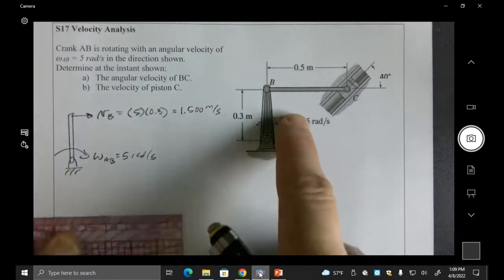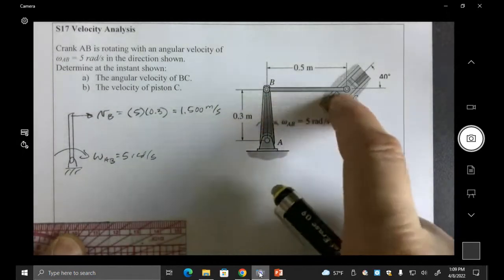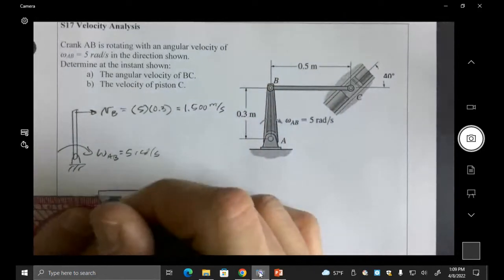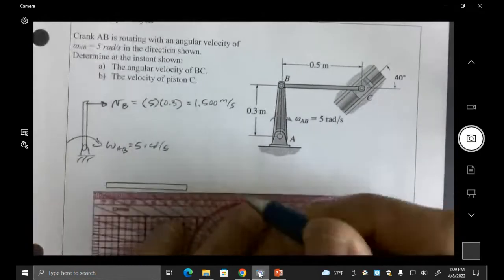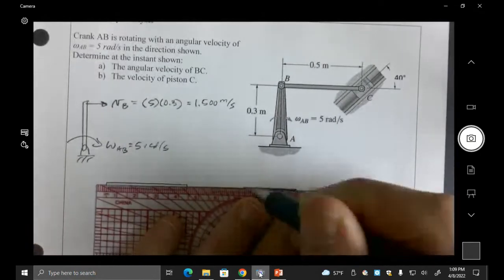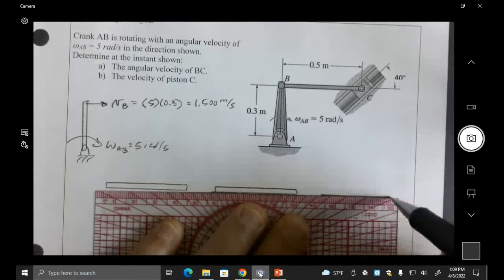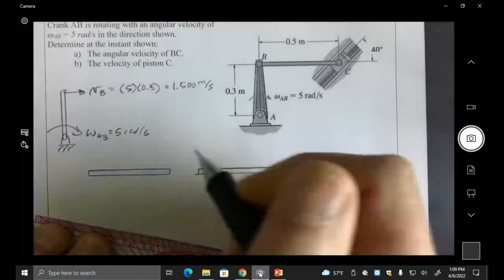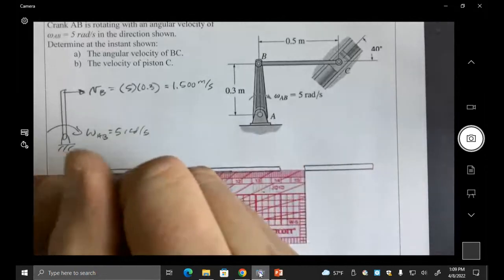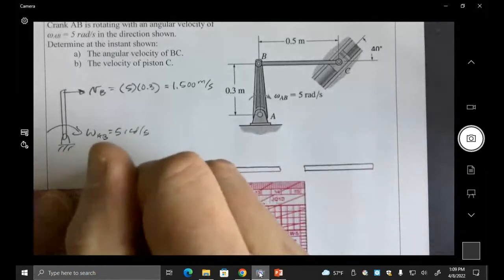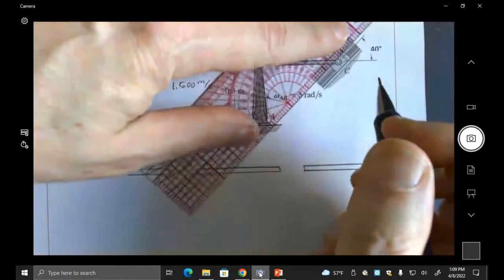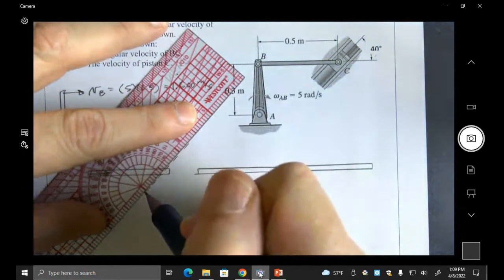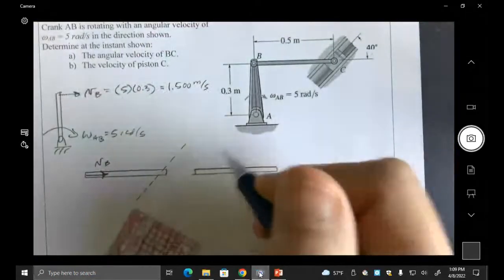Okay, so now for the 3 diagram, what we want to do is we're going to take a look at this member right here. And we start off, we have a velocity coming that direction, VB. This one is going to have, he says, 40 degrees, so that's right there.